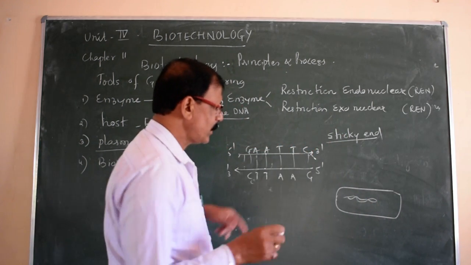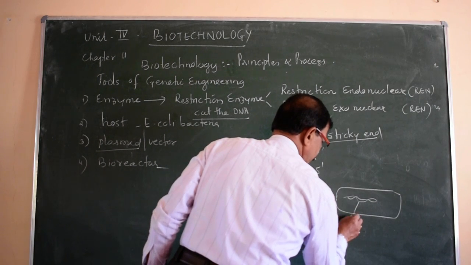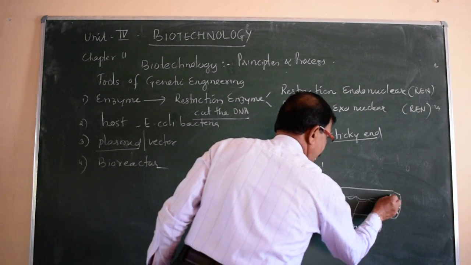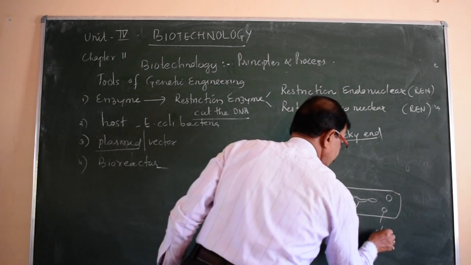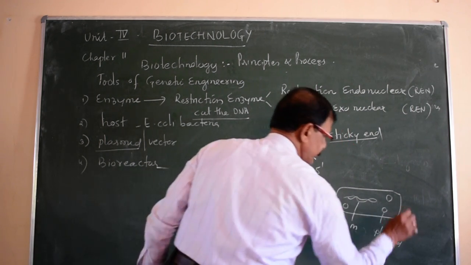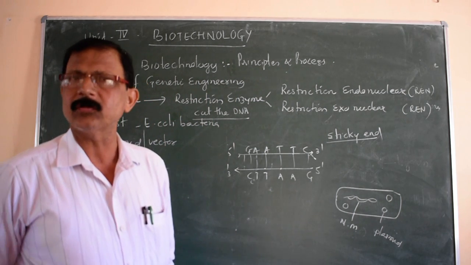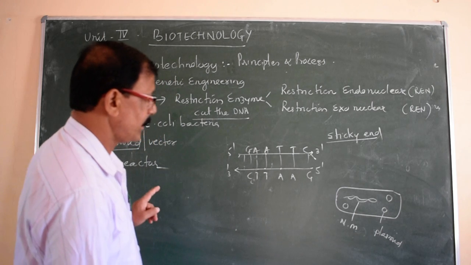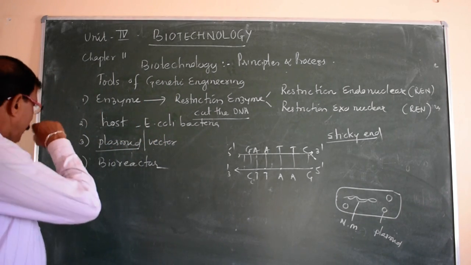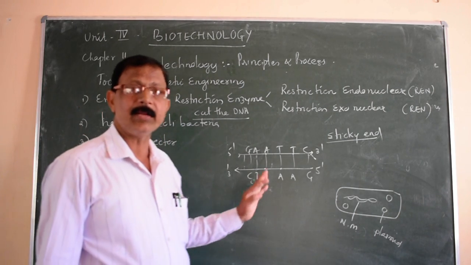Beside this there is some circular DNA present, and that circular DNA is the plasmid. That circular DNA has a self-replicating power.